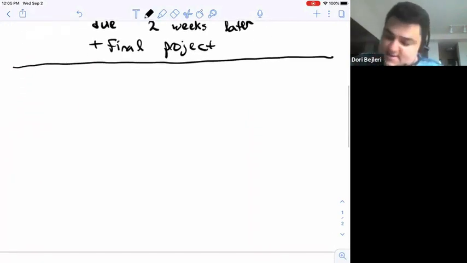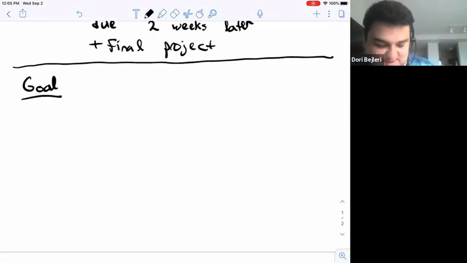So the overall goal, let's say, of maybe all of algebraic geometry, that's a little facetious, but close enough. We want to classify algebraic varieties.